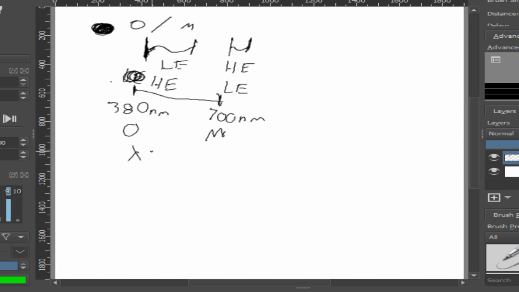And this lambda, which has units of nanometers, is fed into a script that gives the RGB of whatever this is.